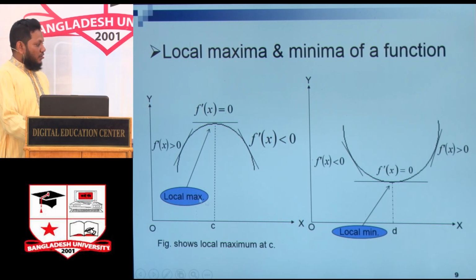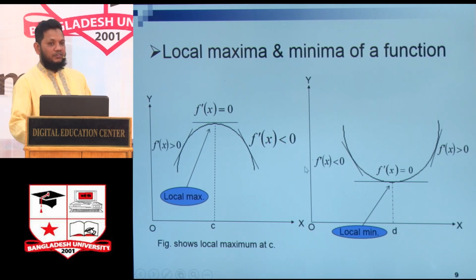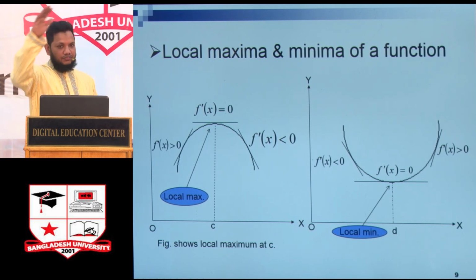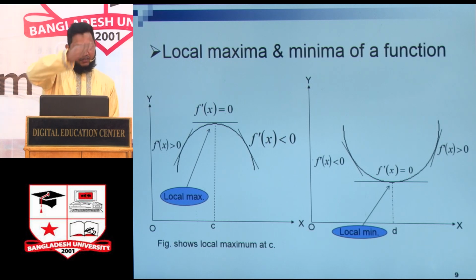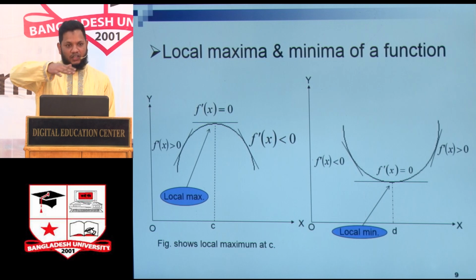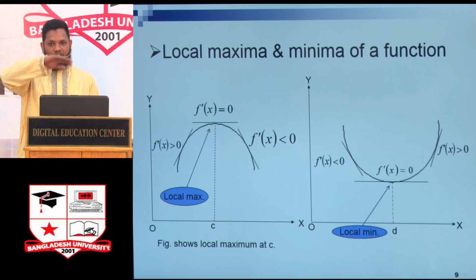Again, we see a stationary point or critical point arises when f prime x equal to 0. Then we can say that point is a stationary point. And on the left side of this stationary point the function is increasing, and on the right side decreasing. That is, the curve is increasing, 0, then decreasing. And when we consider a function of the type decreasing, 0, and increasing, this phenomenon is known as concave up, and the other phenomenon is known as concave down.